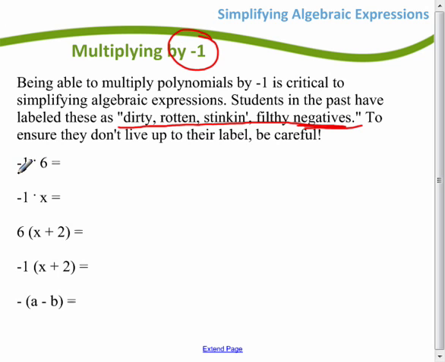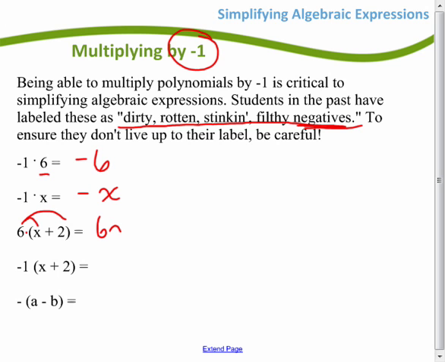The rule says that if you multiply any number by negative 1, you simply change the sign of it. So negative 1 times 6 is going to be a negative 6. Or negative 1 times x is simply a negative x. Now, if I have brackets, and we've seen the distributive property before, where I have a number out front being multiplied by things in brackets, I need to multiply the 6 by the x and by the 2.